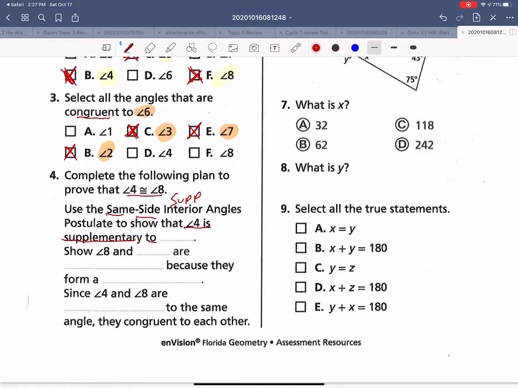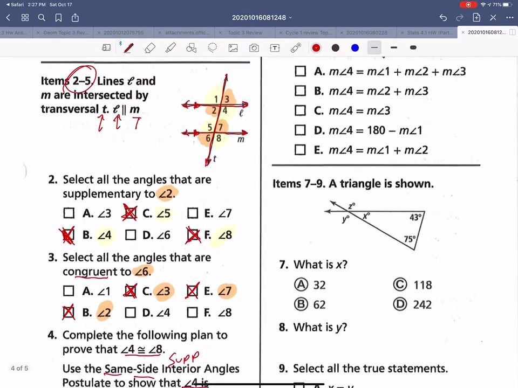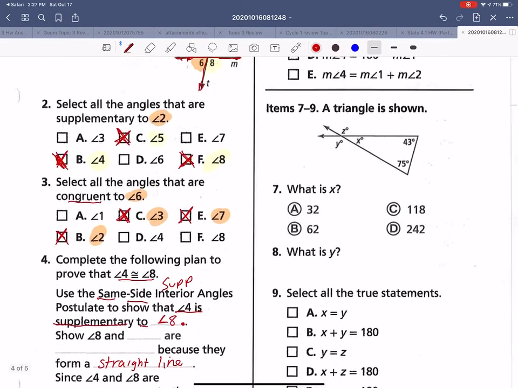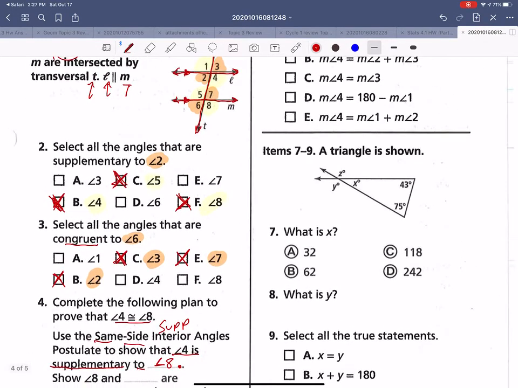Well, if I'm trying to prove that angle 4 is supplementary to angle 8, then that's what it'll be. I have to show that angle 8 and which angle are supplementary because they form a blank. They form a straight line, right? So let's see which one forms a straight line with angle 8. So if I go up here, it looks like angle 8 forms a straight line with angle 7.